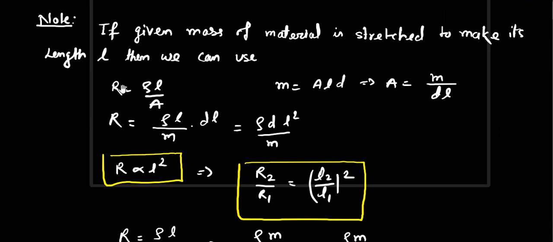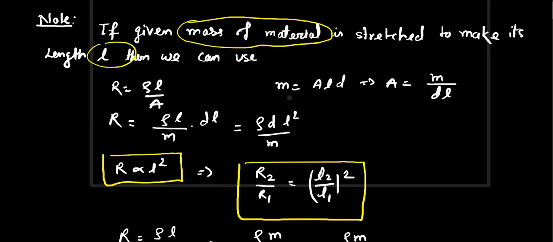So here resistance is equal to rho L by A, as we know, and we are going to discuss one condition when a certain mass of material is stretched to make a wire having length L. As a wire is being formed from a given mass of material, the total mass of material remains constant, and mass can be written as the product of cross-sectional area, length, and density.